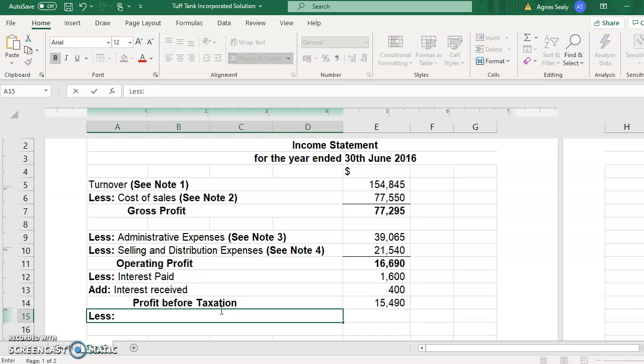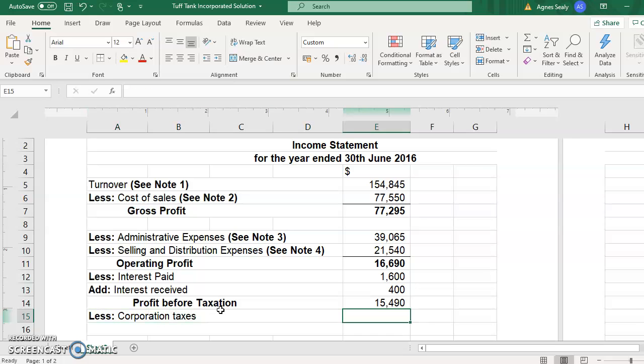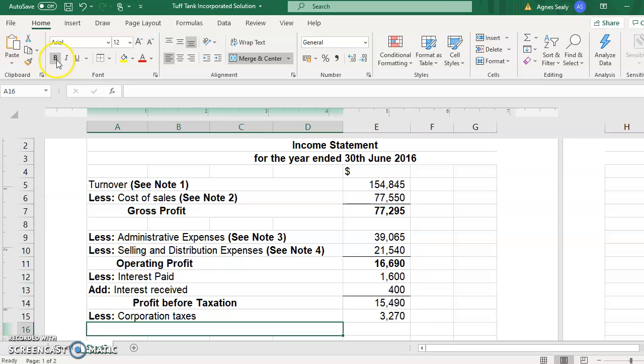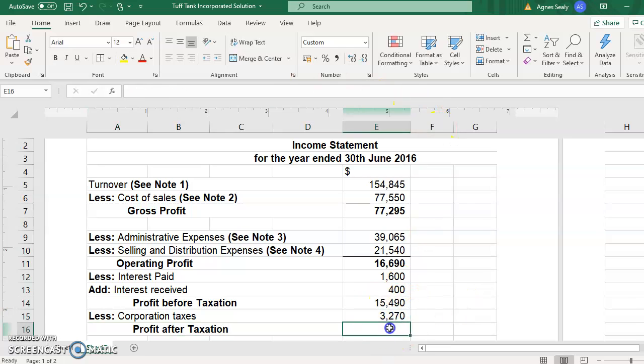So it's less corporation tax of $3,270. This is going to be subtracted from our profit before taxation, and that will give us our profit after taxation.